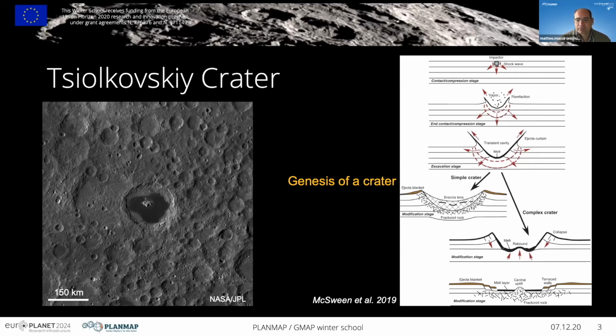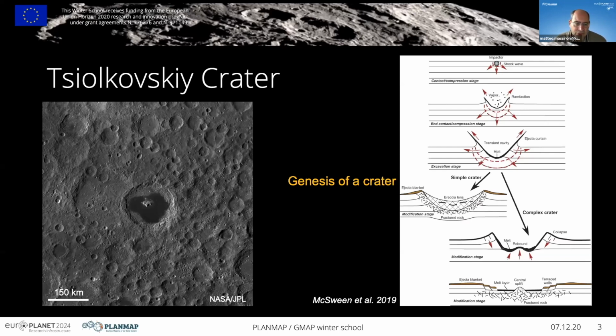complex crater, sorry. And you see to the right the different phases of the genesis of an impact crater. At the beginning, you have a contact and compression stage. During this stage, you have the formation of compressional waves, and the rarefaction waves follow the compressional wave.